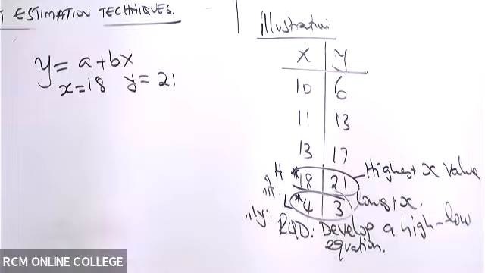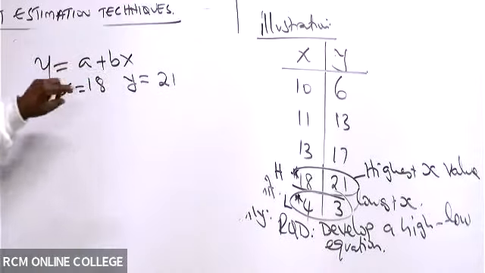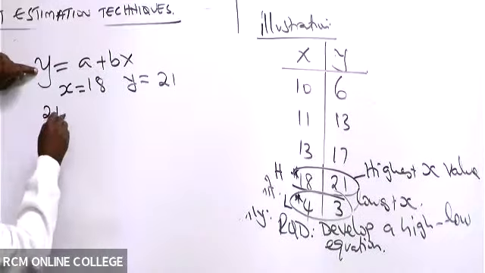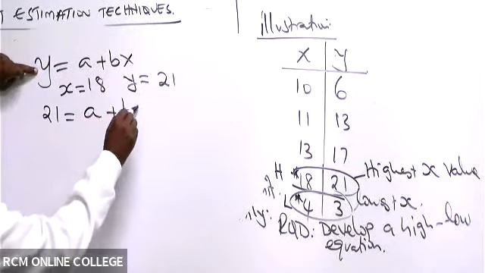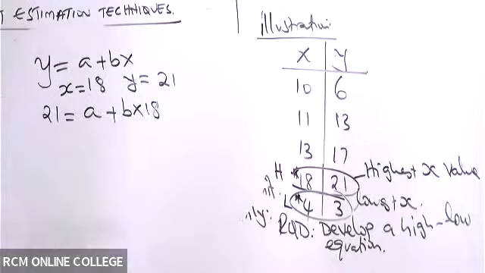So please give me equation number 1. I'm writing these values in the equation. So y is 21 equals a plus b times x, which is 18, like that. So this is equation number 1. Don't simplify it first.